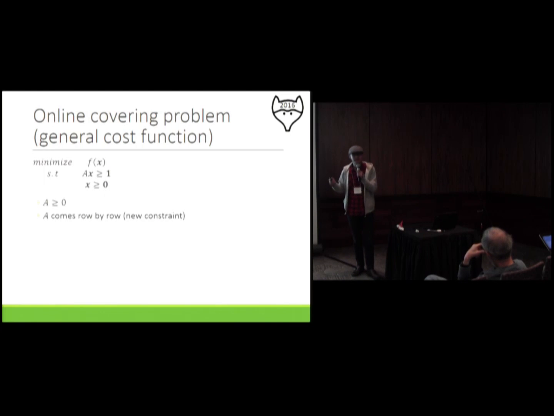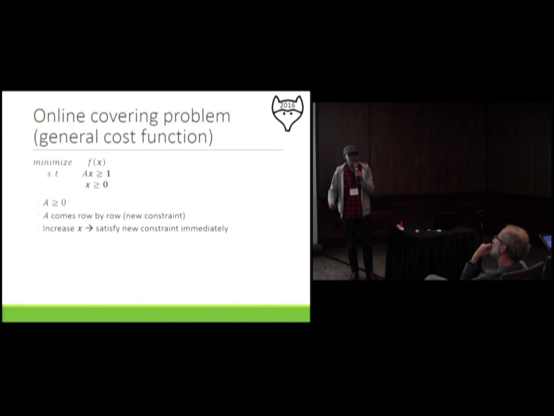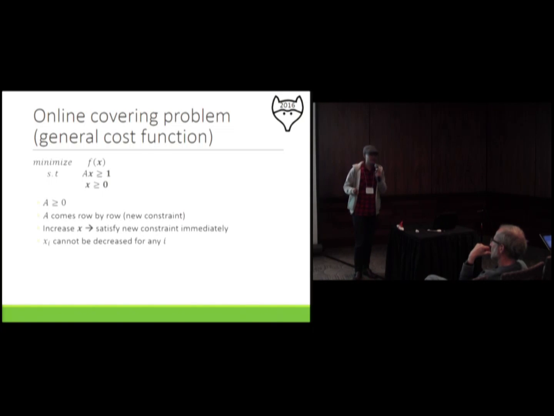And each row of A means a new constraint. When a new constraint comes, you need to increase some dimensions of x to satisfy it. And in addition, if you want to increase some dimensions of x, you cannot decrease any other dimensions. This is the definition of the online covering problem.